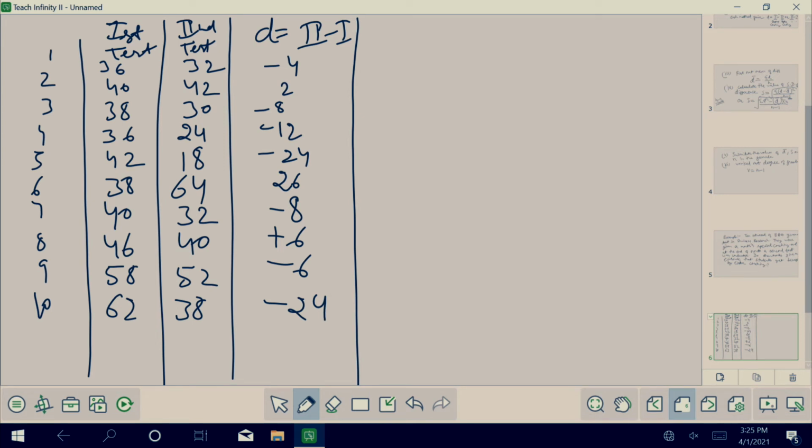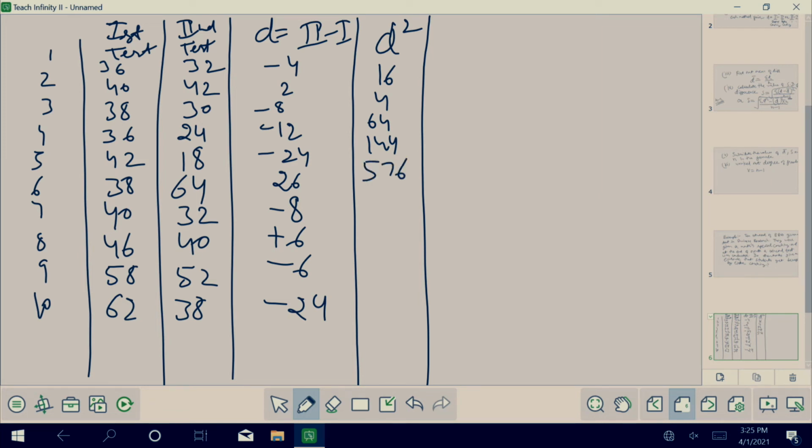Now there is a need of D square to compute the S. 16, 4, 64, 144, 576, 676, 64, 36, 36, 36, and the last is 574.